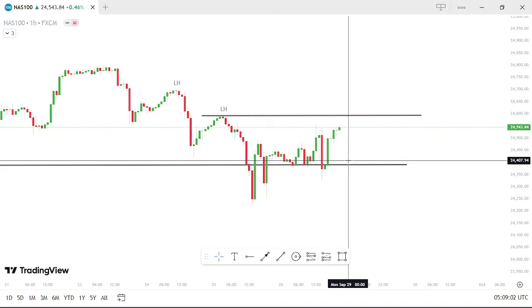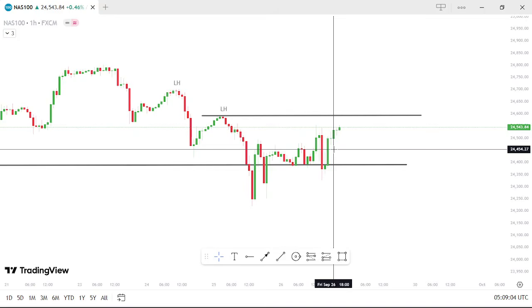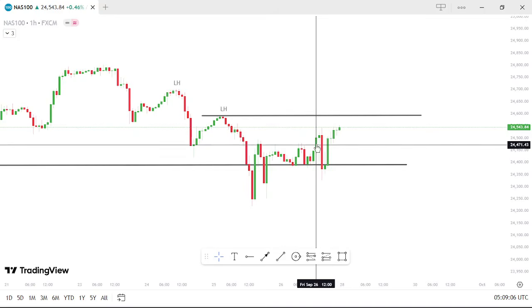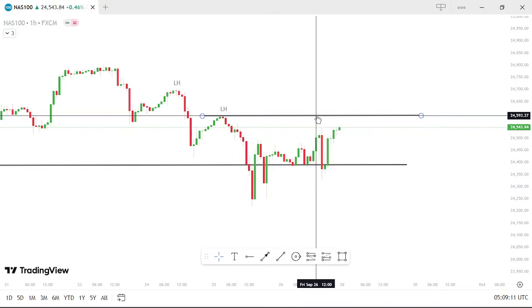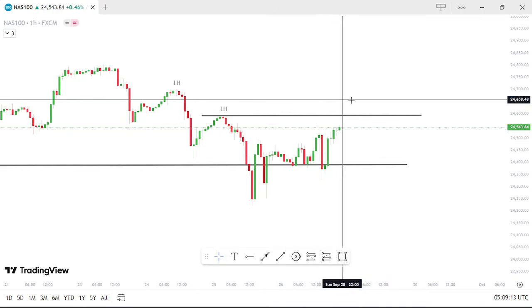Like I was saying, in terms of how I get my entries, I do not start looking for entries until price is above a level where I want to trade on.